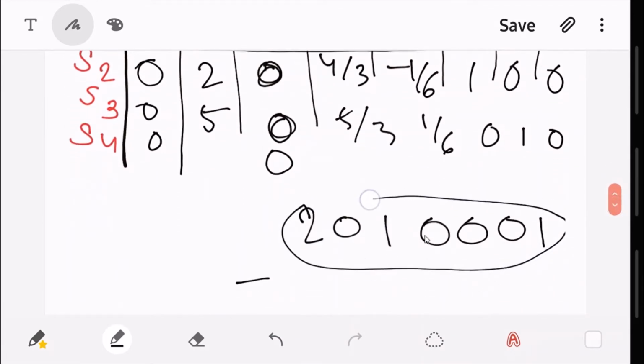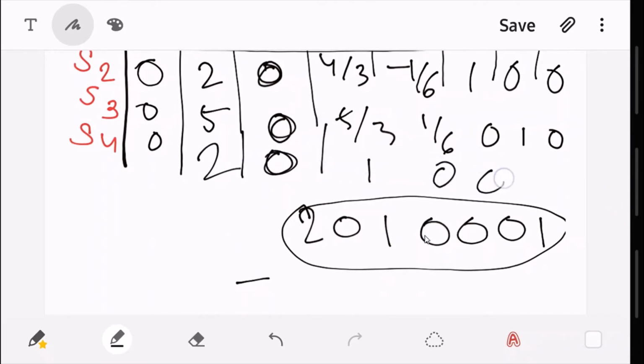We will get this as the resultant. So 2, 0 as said earlier before, 0, 0, 0, 1.